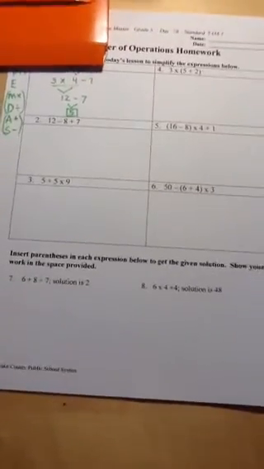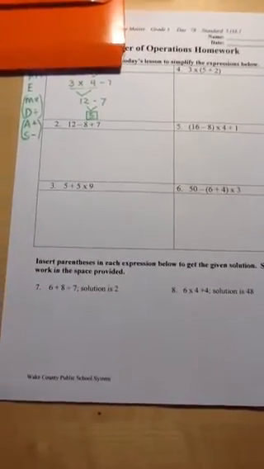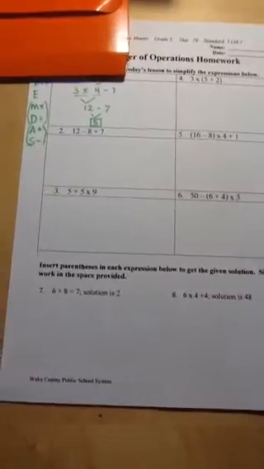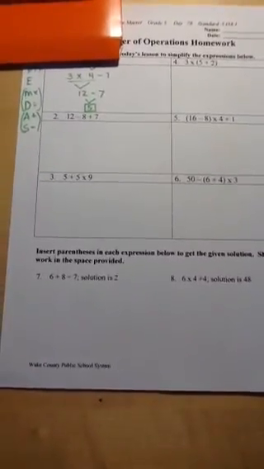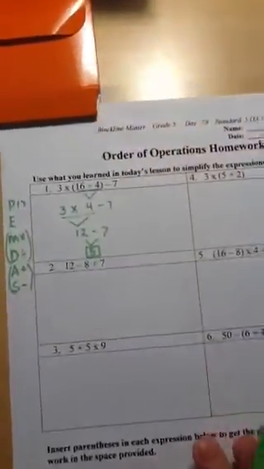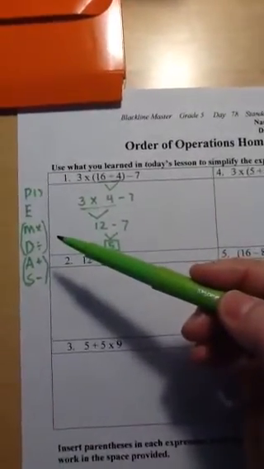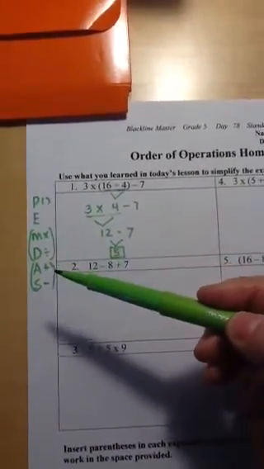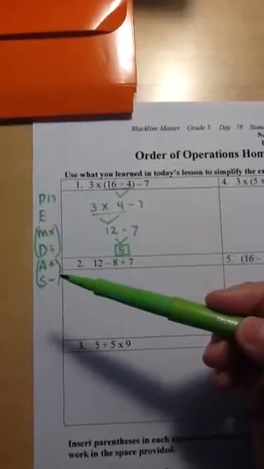So that means that I need to use parentheses for the operation that wouldn't typically come before division. So when I go up here and look, and I notice that multiplication and division have priority, well, if I want to do adding or subtracting first, I need to have it in parentheses.